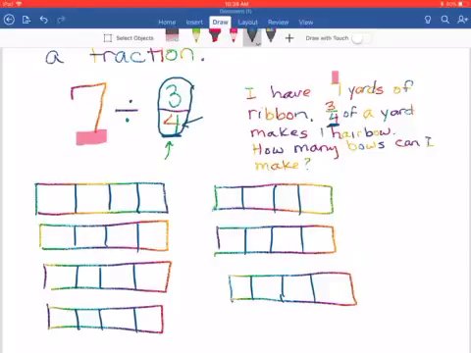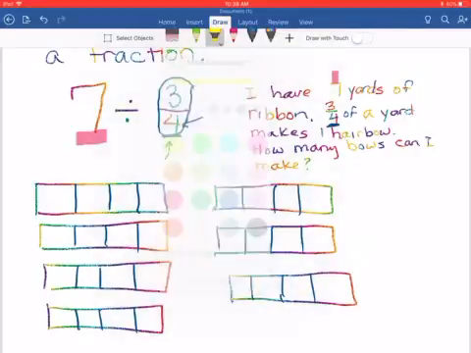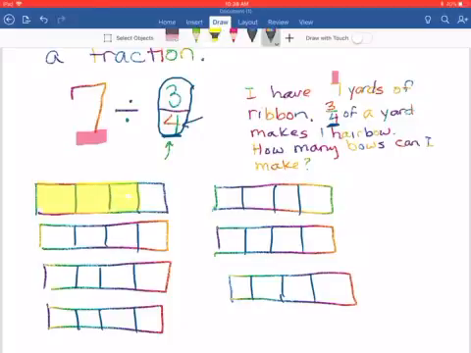3/4 of each is a hair bow. So, 1, 2, 3, and that makes 1 bow.